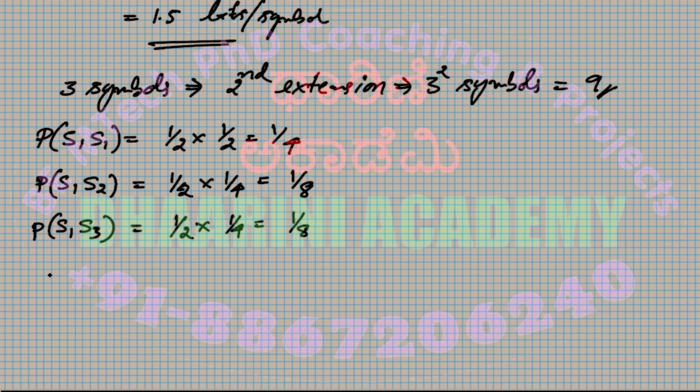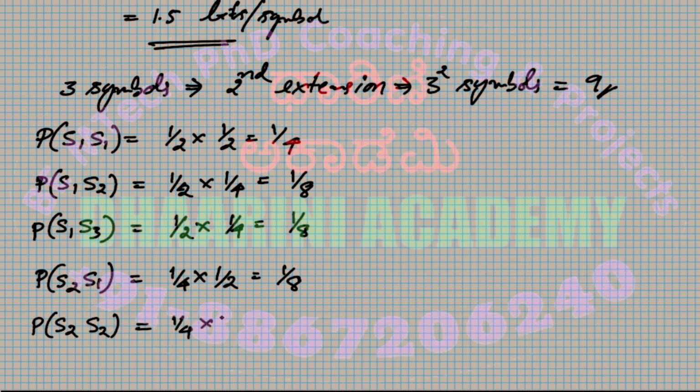Similarly, do the calculation for all the possibilities. Next I might have S2 followed by S1: 1 by 4 into 1 by 2, 1 by 8. Then probability of S2 followed by S2: 1 by 4 into 1 by 4, that is 1 by 16.